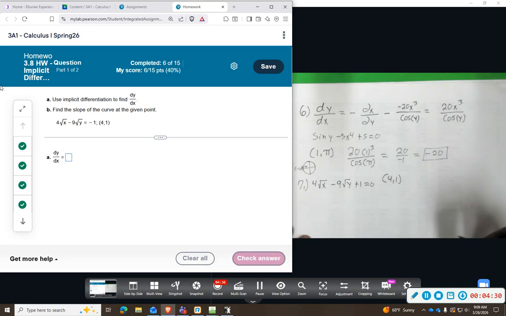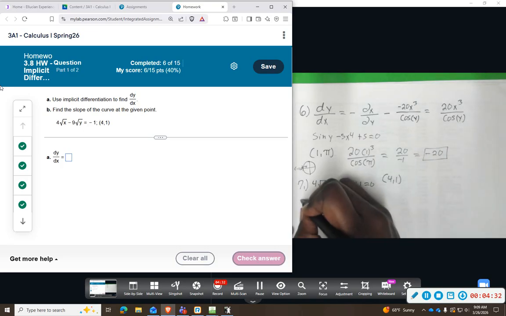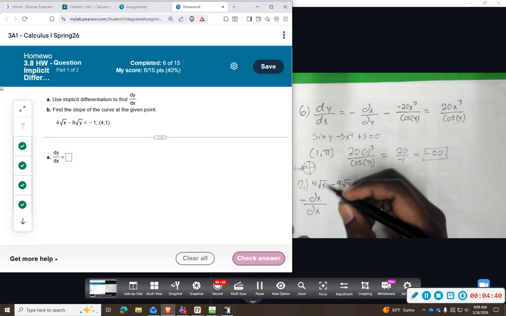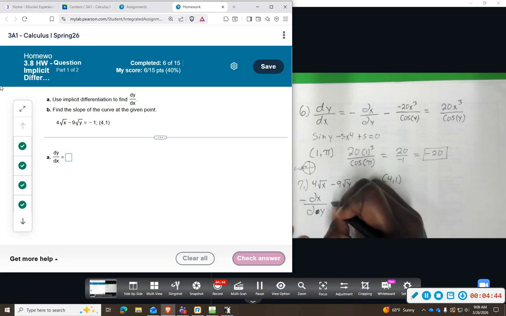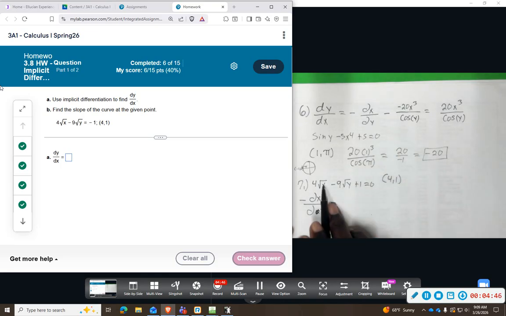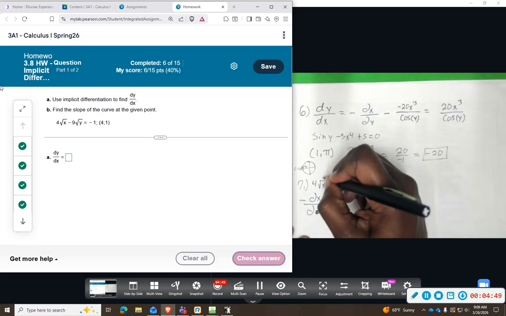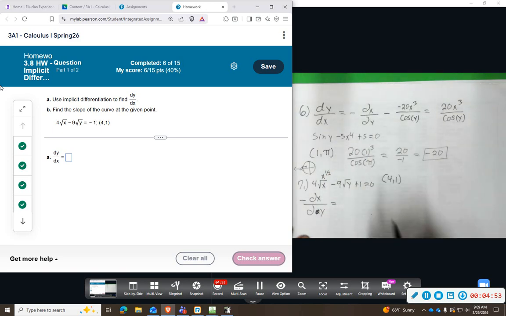All right, so we're going to do negative partial derivative with respect to x over partial with respect to y. So just focusing on x, you need to see this as x to the 1/2. Okay, we're going to use the power rule.